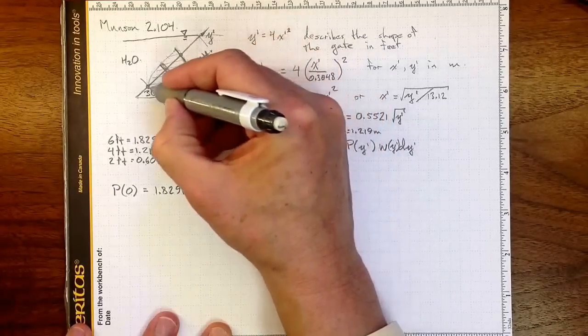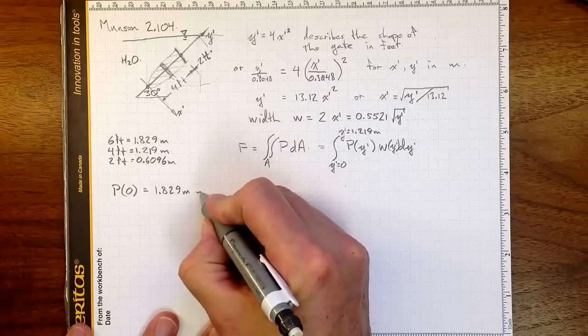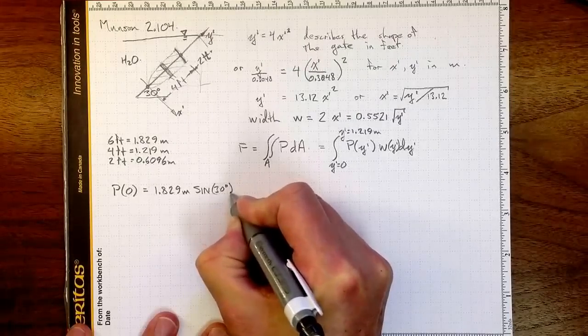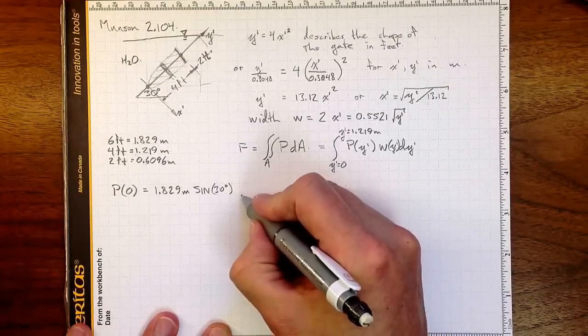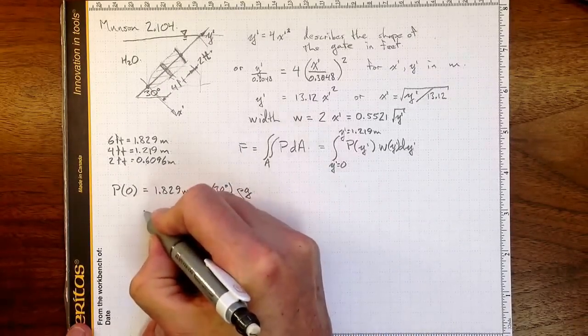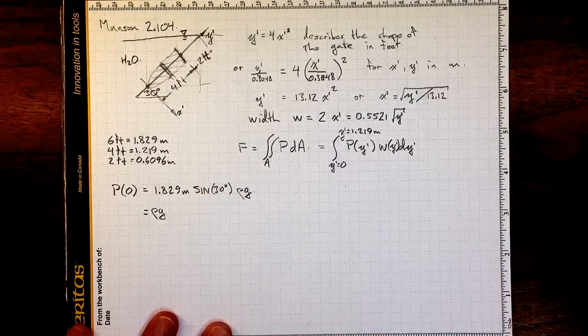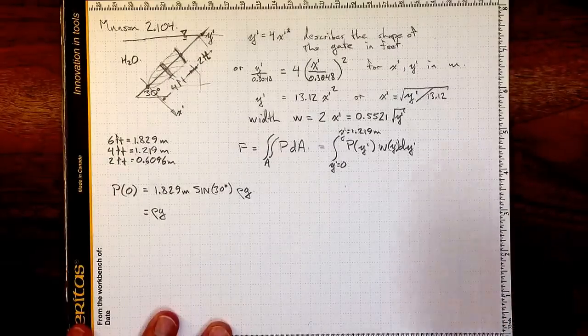But we'll take the sine because we're only interested in the vertical distance, times the sine of 30 degrees. That's the distance under the water times rho g, or rho g times 1.829 times the sine of 30 degrees. The sine of 30 degrees is a half, so that'll be 0.9145.